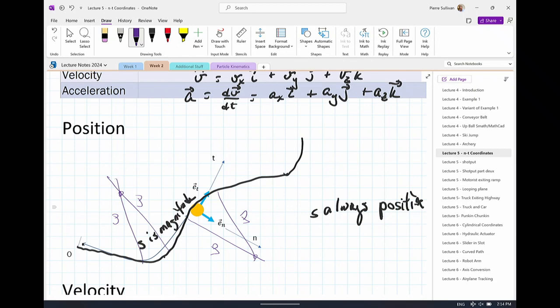And out of this, I get this E sub n and E sub t. E sub n points in towards the center of curvature, and E sub t is tangential to the path. It's defined as following along the path, which, not coincidentally, is the same direction as the velocity.